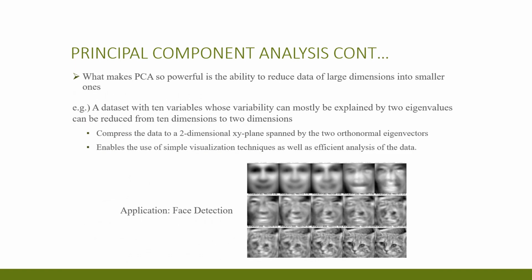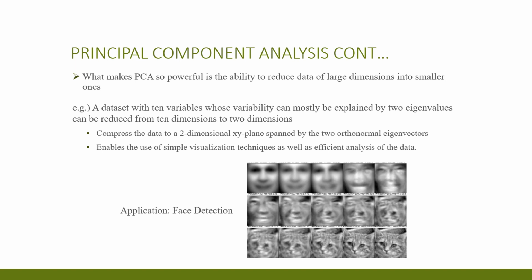So what makes principal component analysis so powerful is the ability to reduce data of large dimensions into smaller ones. So as we saw in the last slide, you compute the eigenvalues of the covariance matrix, and then whichever eigenvalues are significantly higher than the other ones, you group together. And suppose for this example, you found that there were two eigenvalues that were significantly higher than the other ones.